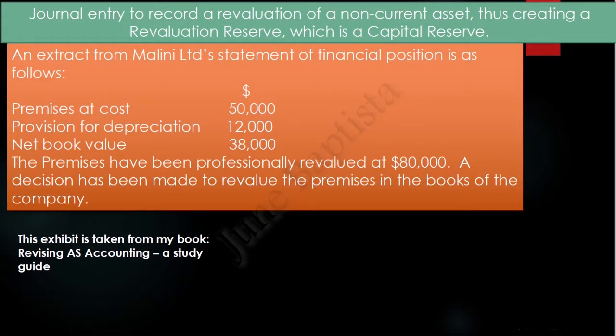An extract from Malini Limited Statement of Financial Position is as follows: premises at cost $50,000, provision for depreciation $12,000, this is accumulated depreciation, to give you a net book value of $38,000. The premises have been professionally revalued at $80,000. A decision has been made to revalue the premises in the books of the company.